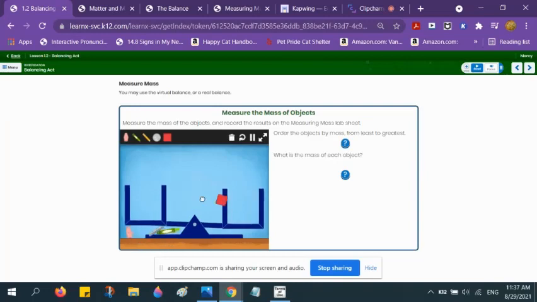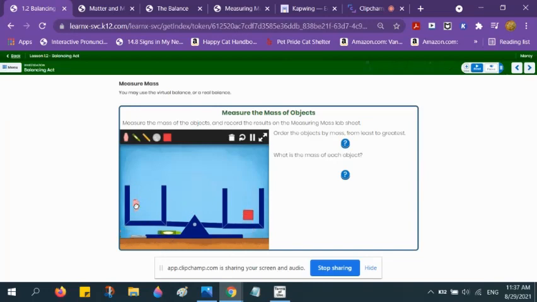First, let's put a cube in the pan, in one of the pans there. Take the coin away. How do I take it away? There. Let's just put it down there. Okay, so 1 cube is 1 gram, remember?